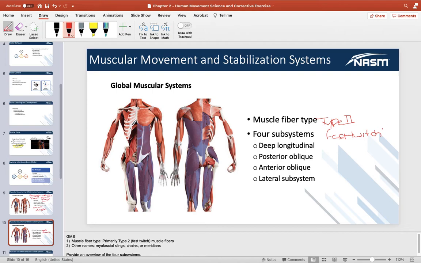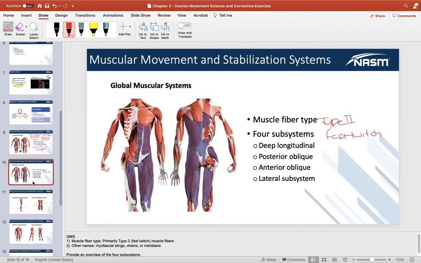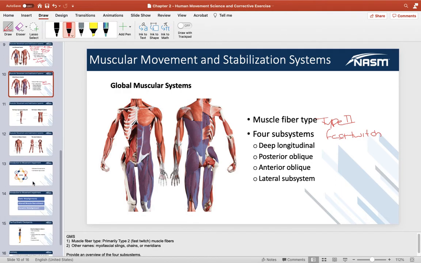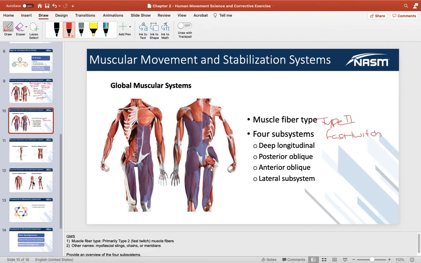So we're looking at things like the different subsystems here, like it says: the deep longitudinal, the posterior oblique, the anterior oblique, and the lateral subsystems. And those are the areas that are going to be of concern.